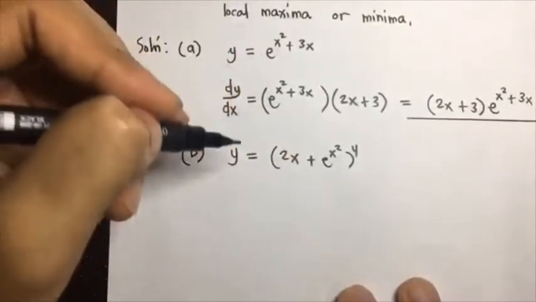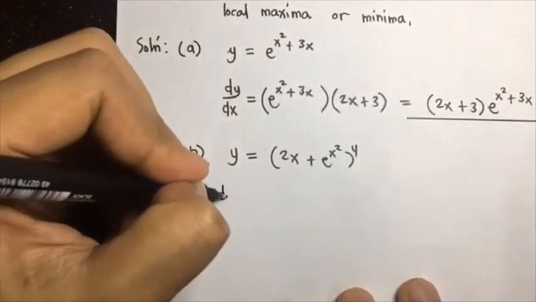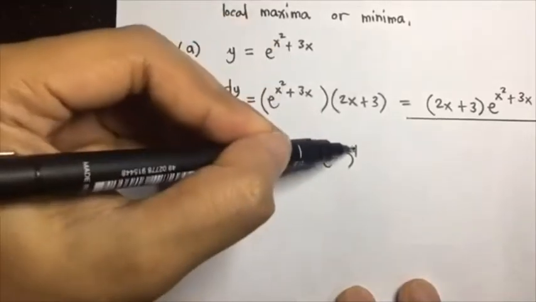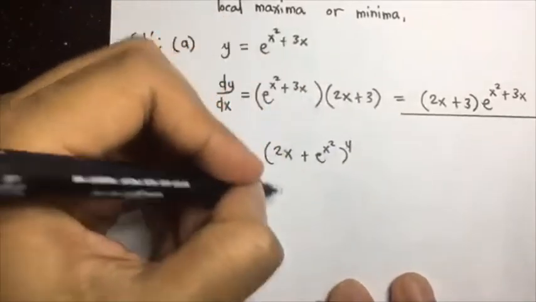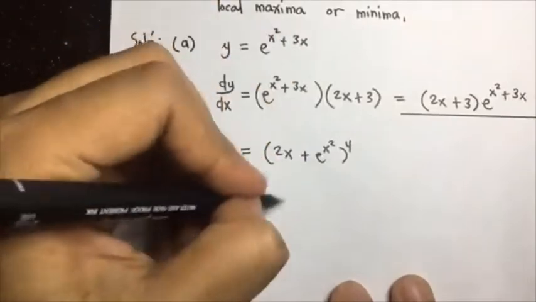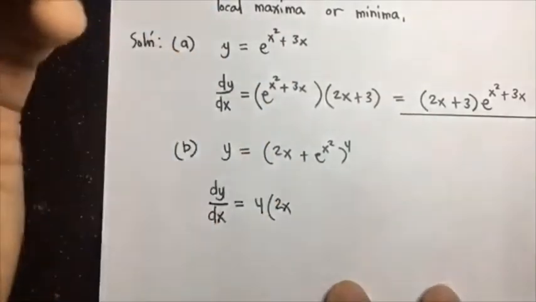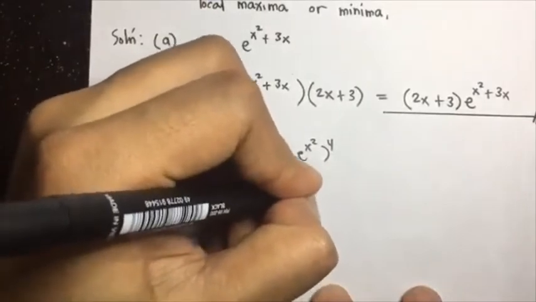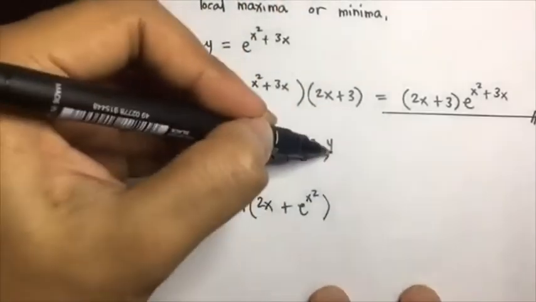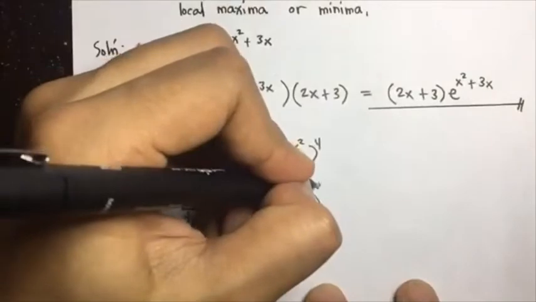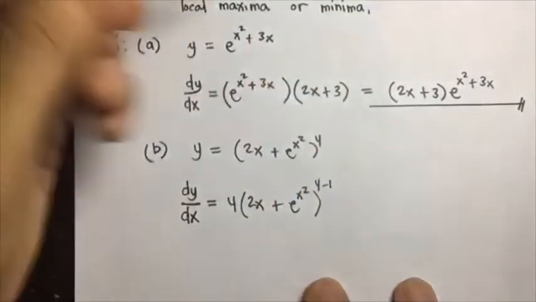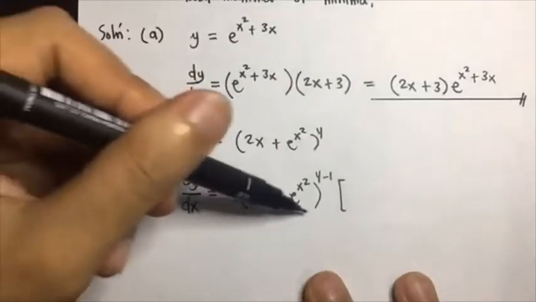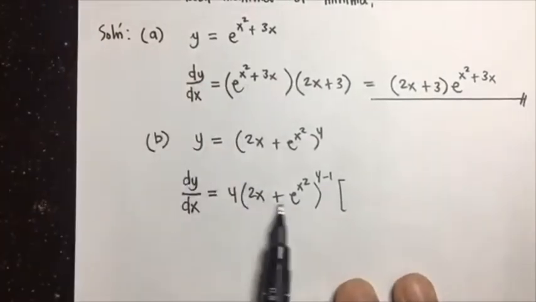Following the general power formula, our dy over dx is equal to, bringing that down, 4 times (2x plus e raised to x squared) raised to 4 minus 1, multiplied by the derivative of the expression inside the parenthesis.